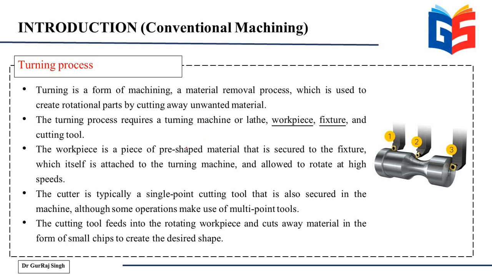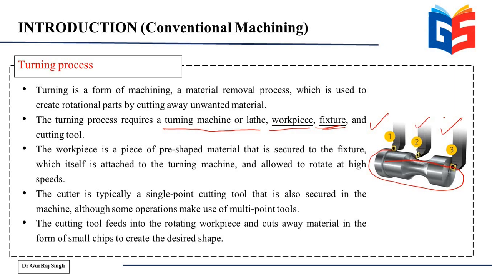The process requires a setup, and that setup includes a turning machine, which is a lathe, a workpiece, a fixture which is used for holding the workpiece, and a cutting tool like these ones, 1, 2 and 3. So we need these 4 things for the turning process to take place.